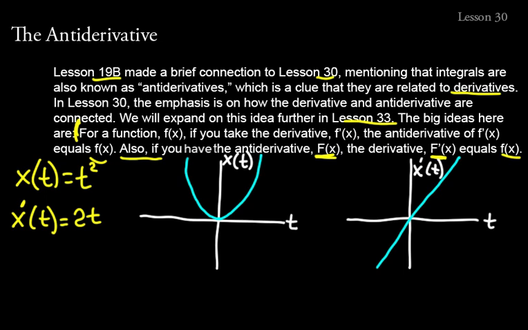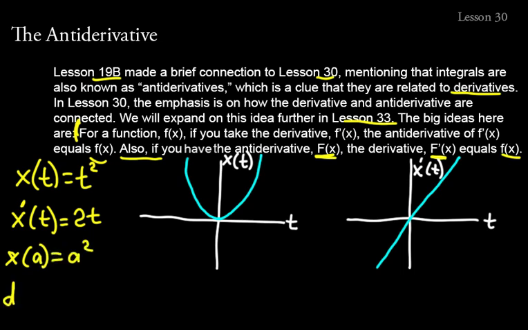Now, let's say we wanted to know how far the object traveled between t equals 0 and t equals a seconds. We have two different graphs there, and there are two different ways we could find the answer. One way is to evaluate x of t at a, so x of a is equal to a squared.